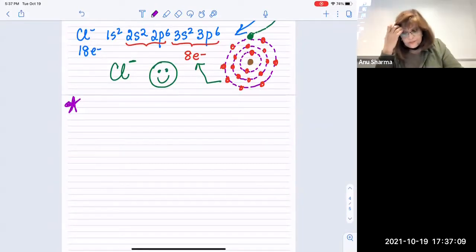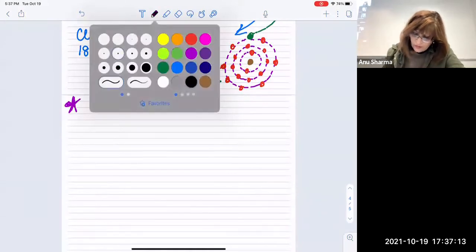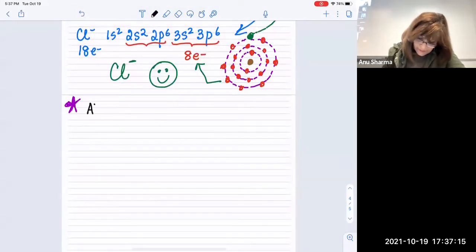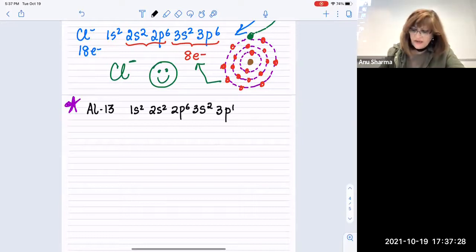Aluminum and oxygen. Aluminum has 13 electrons. So aluminum is 1s2, 2s2, 2p6, 3s2, and 3p1. These, 3s2 and 3p1, are the valence electrons.